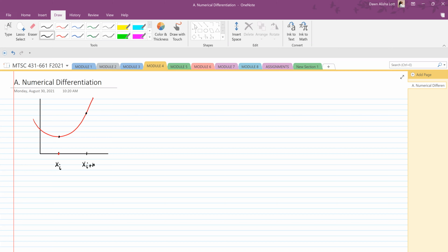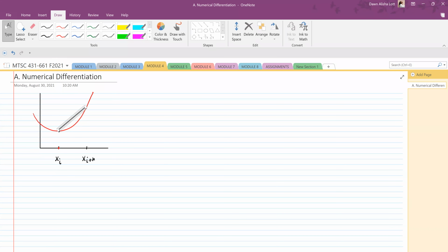And then somebody draws the secant line between the 2 points, and they tell you the slope of the secant line. Let me just say this distance is h.